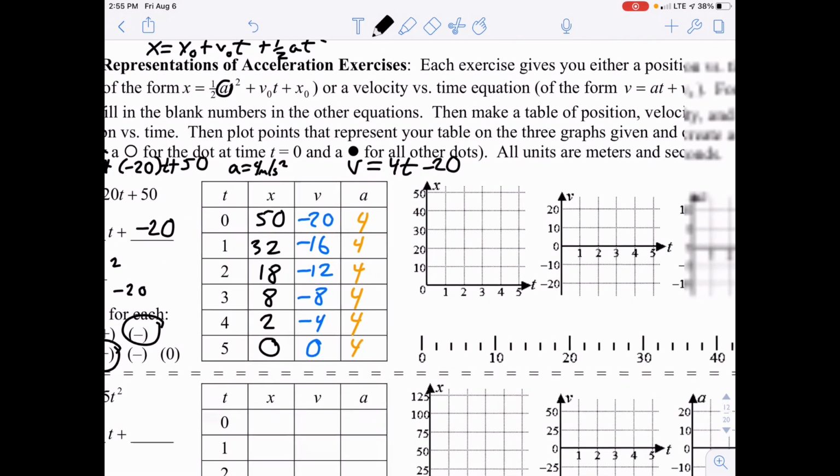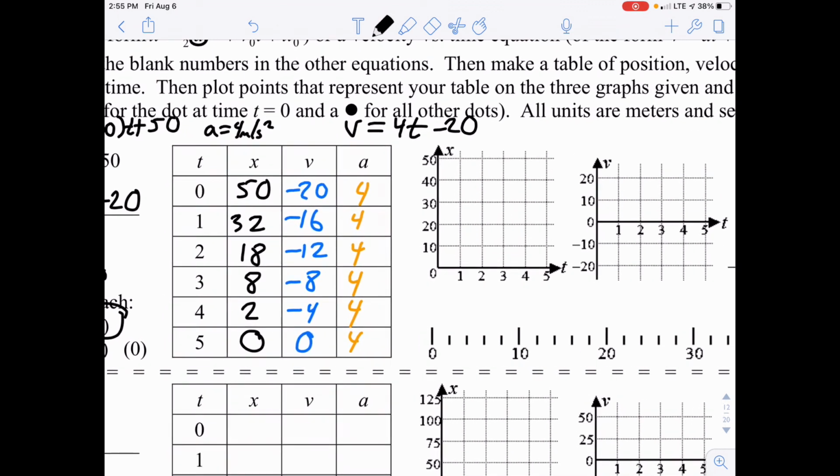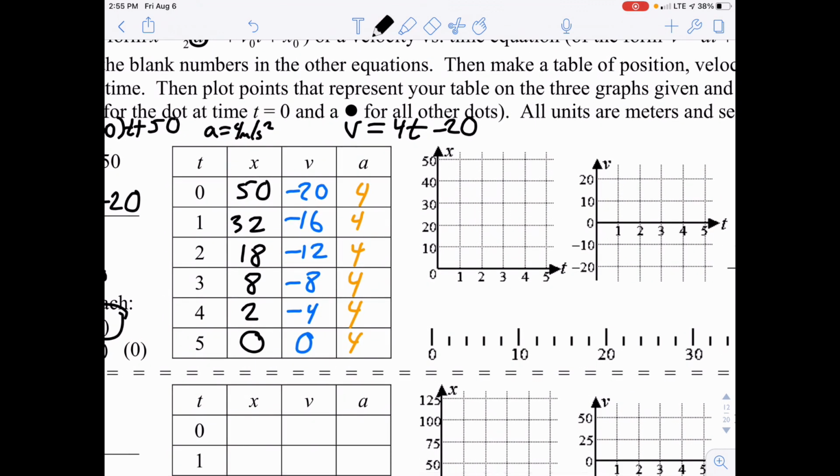So when we graph this, we've got our scale right there. We have a point at 0, 50, at 1, 32, at 2, 18, at 3, 8, at 4, 2, and at 5, 0. And so our graph looks like this. And as you can see, what are we doing here?